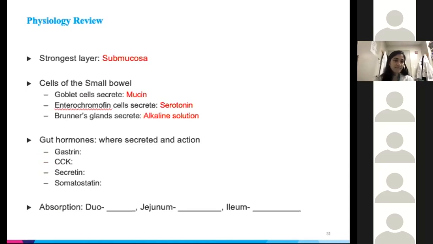Gut hormones: gastrin, secreted from the G cells, increases acid production. CCK, secreted from the duodenum, increases biliary contraction. What cells in the duodenum? The I cells.